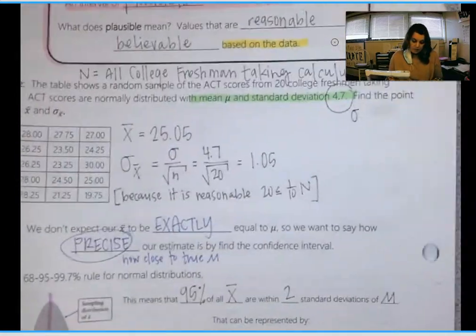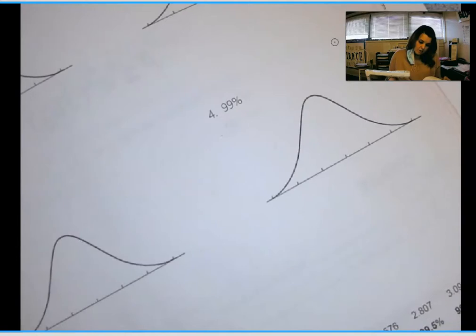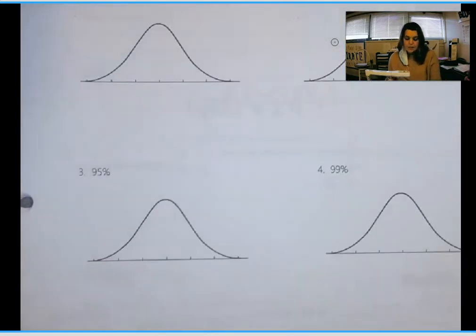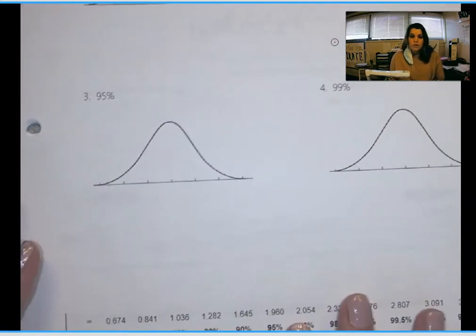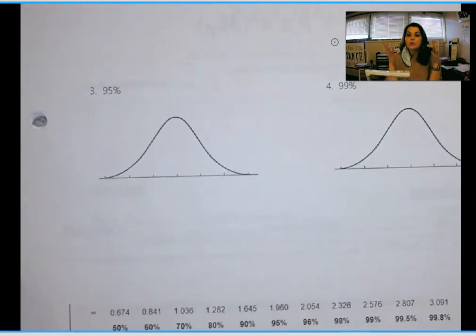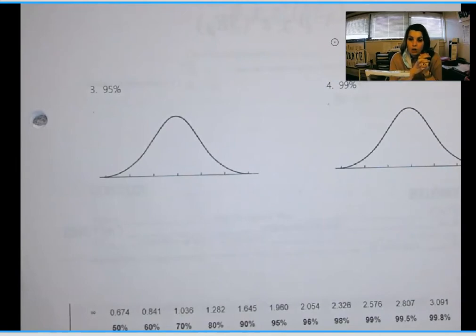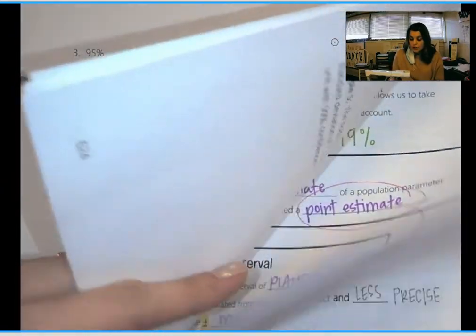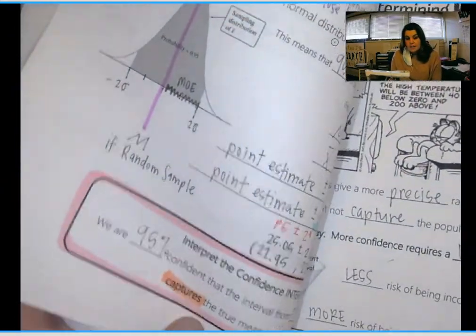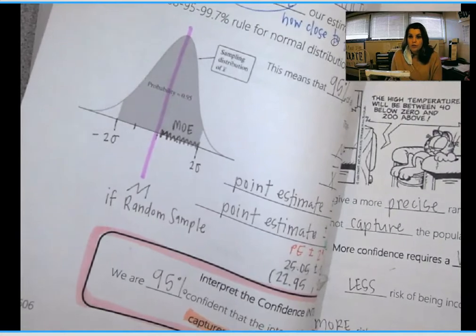So let's look at this 95%. Skip ahead to page 611, number 3. What truly is the critical value for a 95% confidence level? Because according to the empirical rule, it's 2. So based off of the easier empirical rule, the critical value is 2.